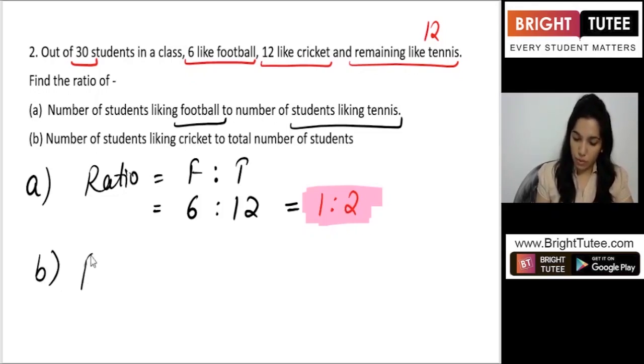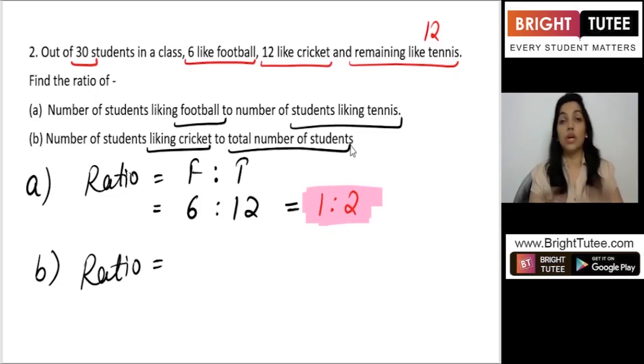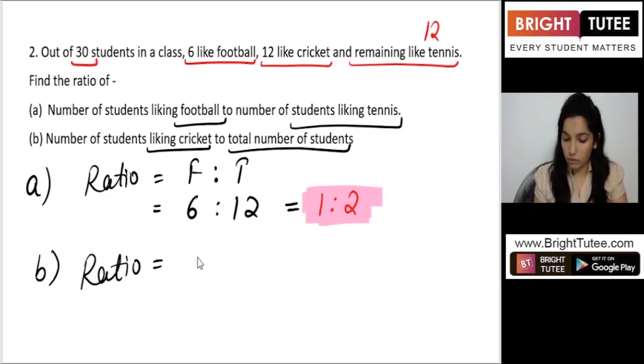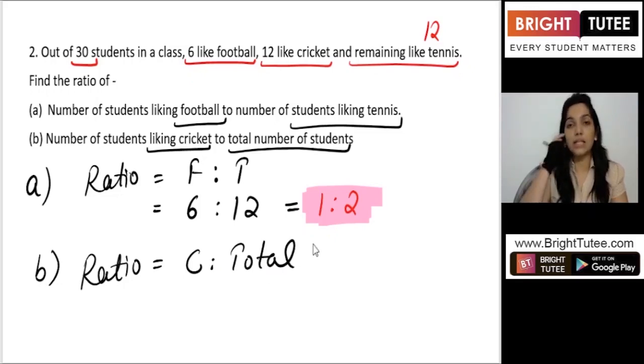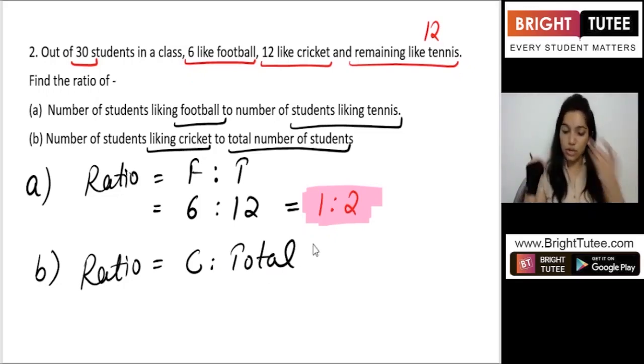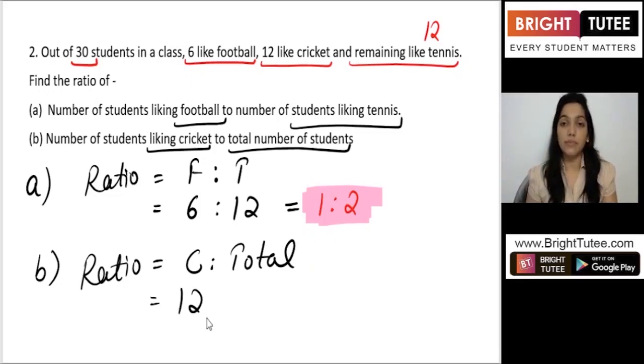We need to find the ratio between the students who like cricket and the total number of students in the class. The total number of students is 30. I am representing cricket with C, and let me write total here because T has already been written for tennis. We are given 12 children like cricket, and the total number of children is 30.